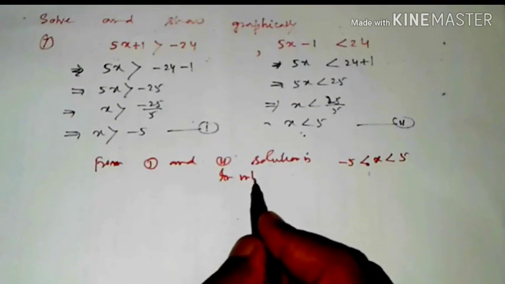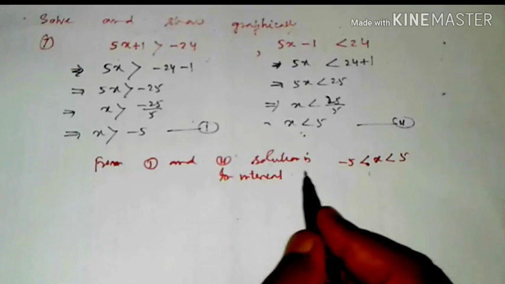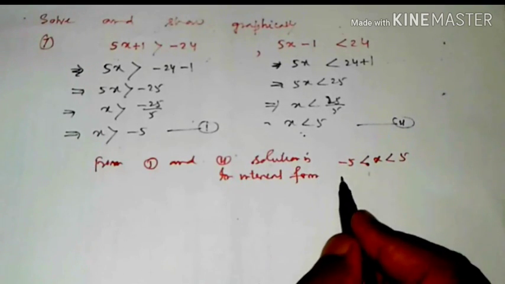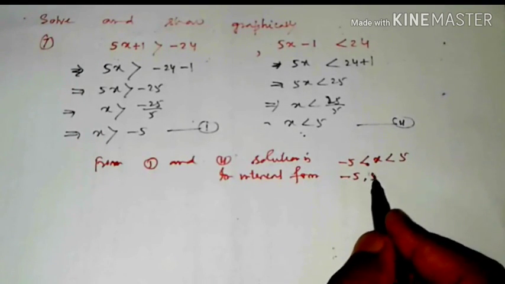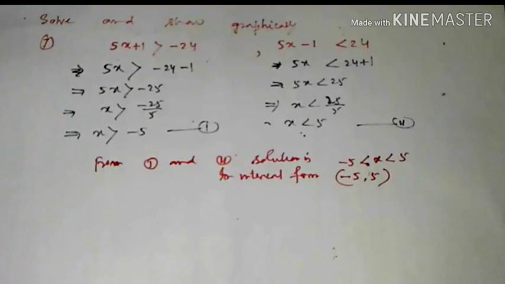In interval form, this can be written as minus 5 to 5, this is open interval.